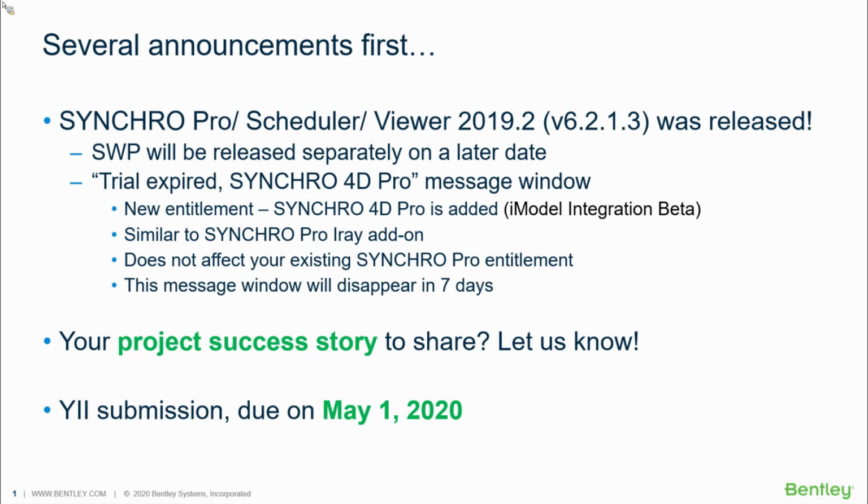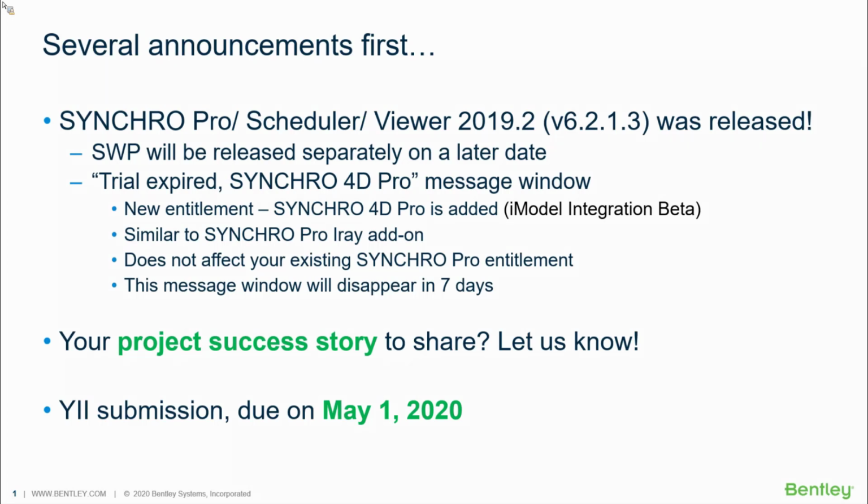So before I dive into some of the technical details, I want to talk about several announcements. SYNCHRO Pro, as Ryan just mentioned, SYNCHRO Pro Scheduler Viewer 2019.2 was just released. And SYNCHRO Workgroup Project will be released separately on a later date.